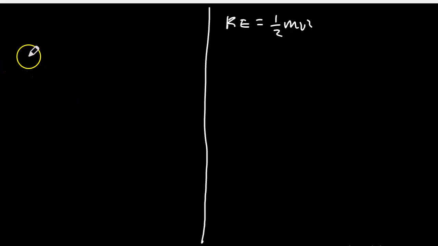From the second law of motion, we know that F is equal to ma. Call this equation 1. F is equal to ma, where F is the force measured in newtons, m is the mass, and a is the acceleration.